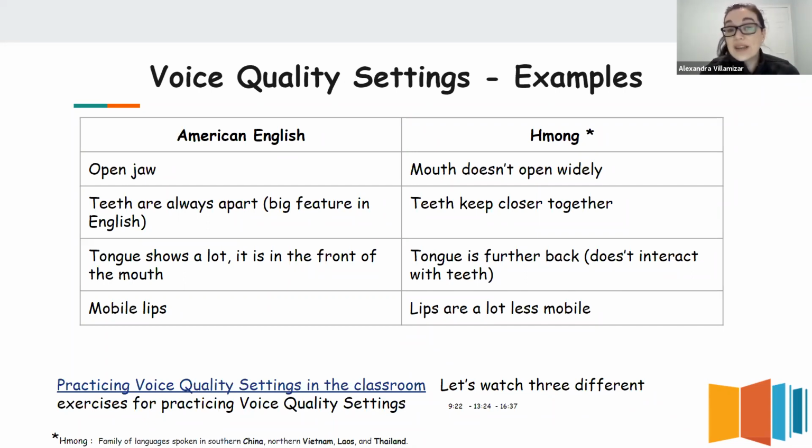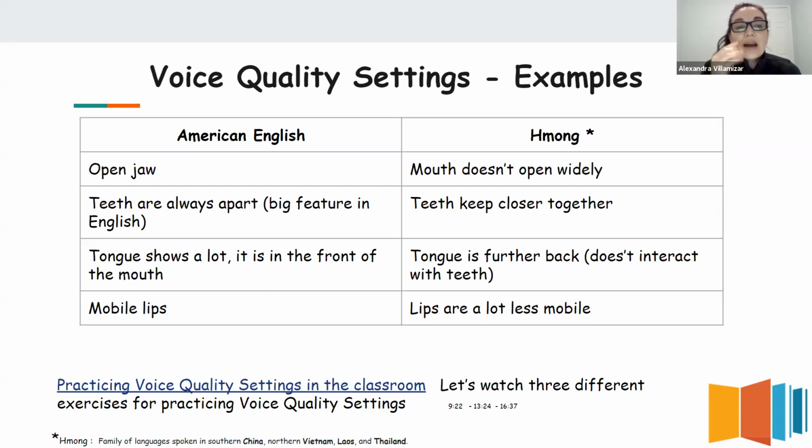When we talk about American English, if you watch someone who is an American speaking English, we are going to see an open jaw, okay? When you look at people who speak Hmong, the mouth doesn't open widely, because that's the way they need to make their sounds in their language. So there is no need for the mouth to open.